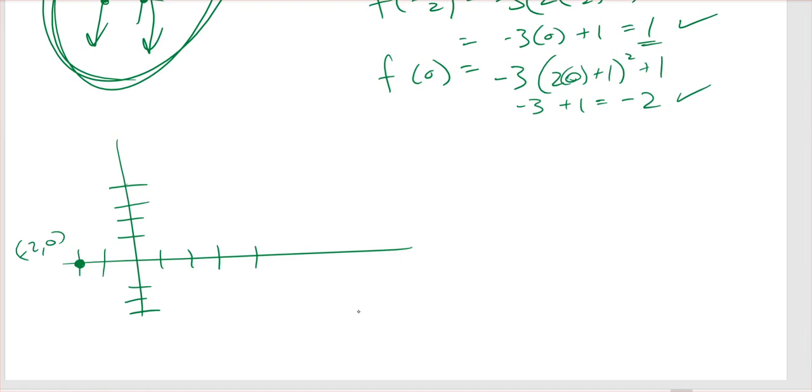Let's have 1, 3. Let's have it connect. And let's then go to maybe 2, 1. And then let's go to 4, 3. So here's our graph, y equals f of x.